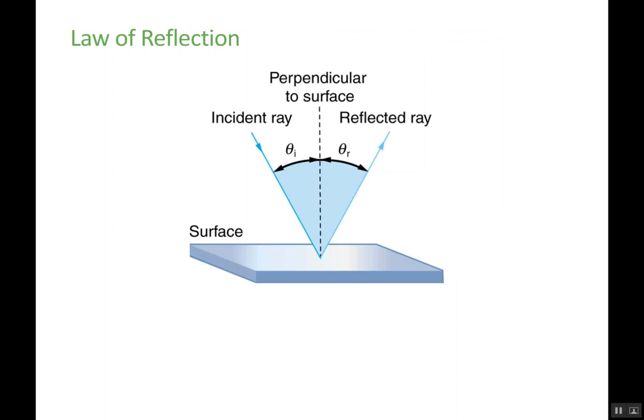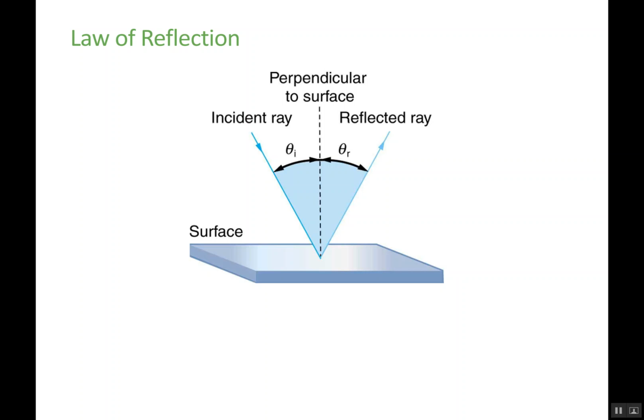So this picture is showing a ray of light interacting with the surface of a flat mirror. There's an incident ray, which is the light shining toward the mirror, and the reflected ray, which represents what the light is doing after it reflects off the surface. And so this figure is showing one of the fundamental laws of ray optics, which is called the law of reflection.